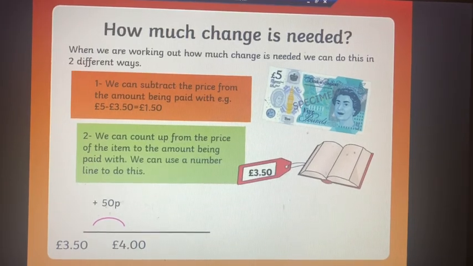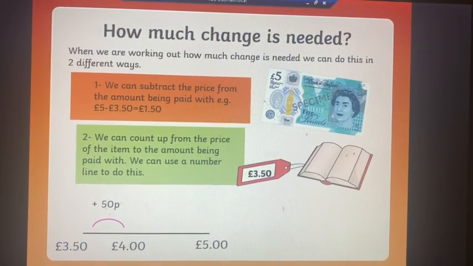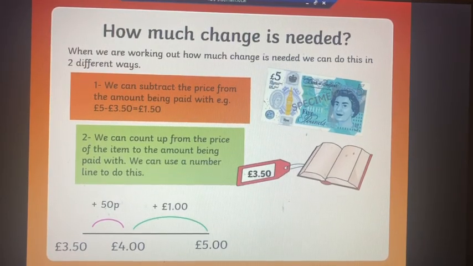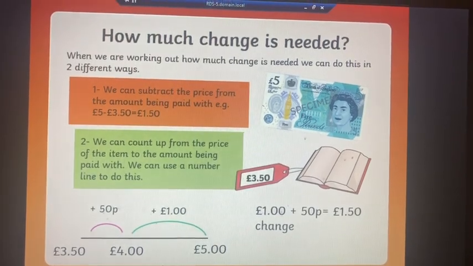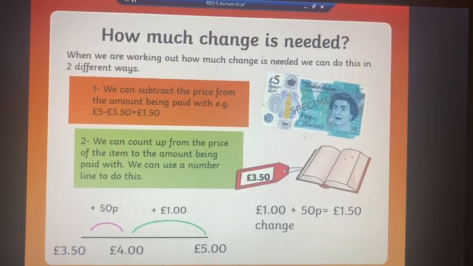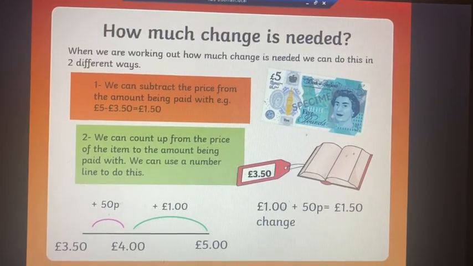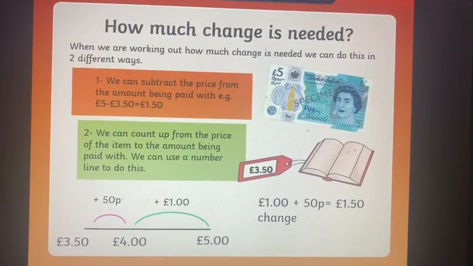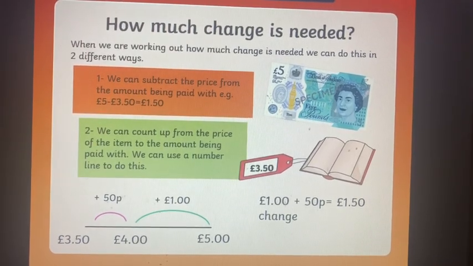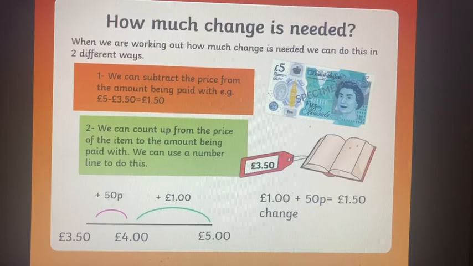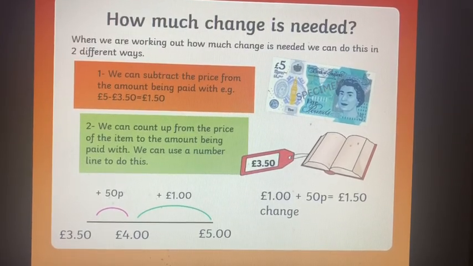I then need to get from £4 to £5. So on my number line, I can do a jump of £1 to get from £4 to £5. And then finally, I need to add the two amounts together that I've done on my number line. So I'm going to do £1 add 50p, which equals £1.50, which shows how much change I would get if I bought the book for £3.50 and paid with a £5 note.